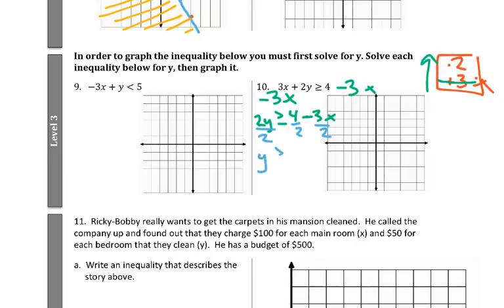So y is greater than or equal to 2 minus 3 halves x. And we need to write it in slope-intercept form, so I want to change that to say plus and negative. And then I've got y is greater than or equal to negative 3 halves x plus 2.